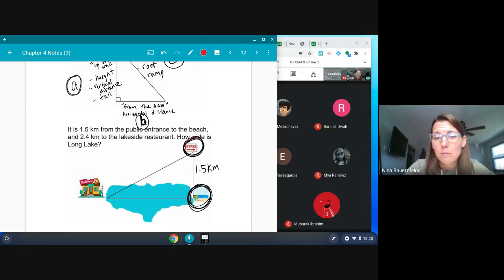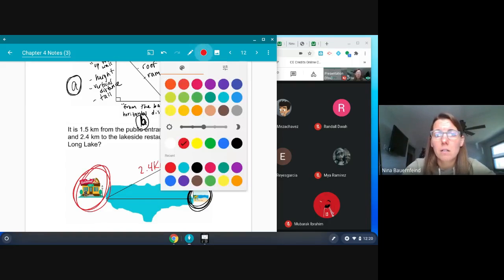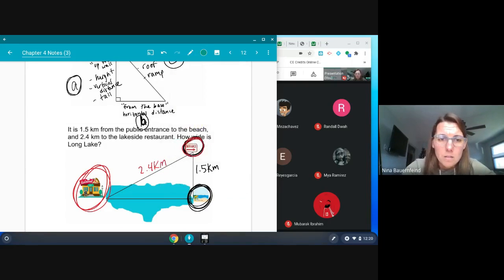So what that means is from the entrance to the lakeside restaurant, that is 2.4 kilometers. The question is, how wide is Long Lake? So here is the edge of the lake, and here is the other edge of the lake. They want to know how long is this.